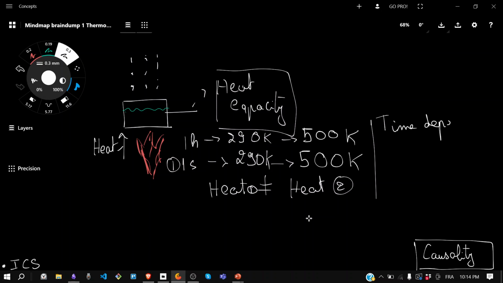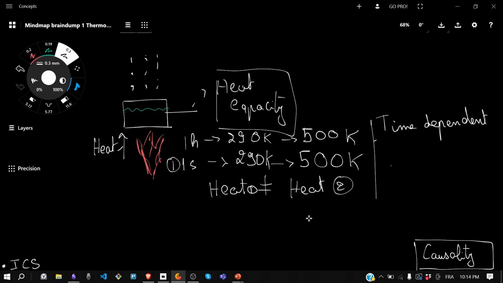So the path is a different path in time. So the path dependency is a different path in time. And they have many effects on energy transfer through the material, etc.